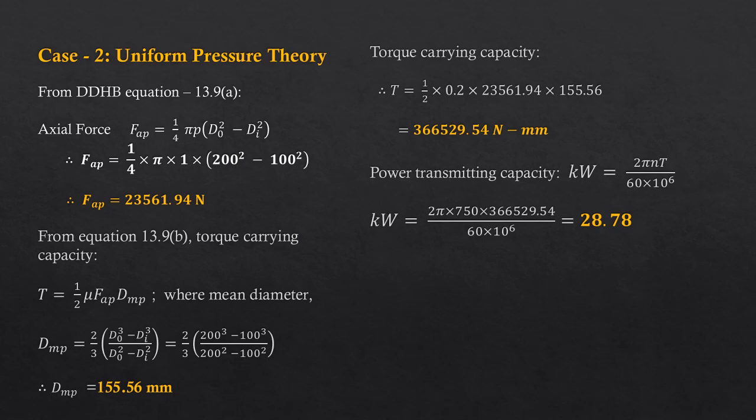All right. Therefore, what we can observe from these results is that uniform pressure theory will overpredict the power for a clutch that is subjected to wear, right? Therefore, to be on the safer side, it is always better to use uniform wear theory for clutches that are in service. All right.